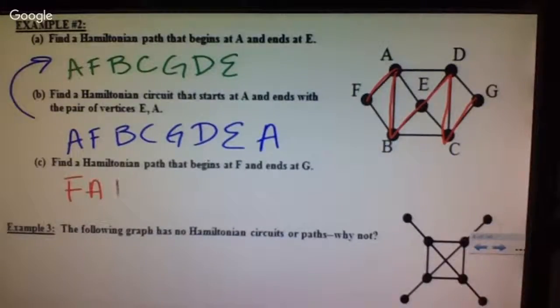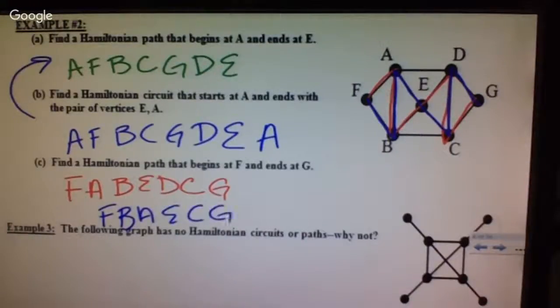F, A, B, E, D, C, and we finish off at G. You got one? F, B, A, E, C, D, G. That one works as well. F, B, A, E, C, G, and D. Or I'm sorry, D, G. My bad.